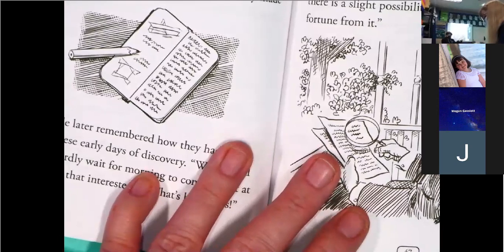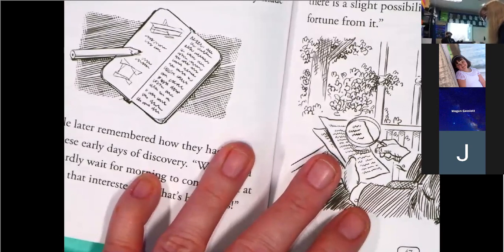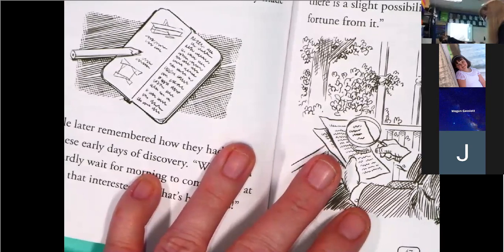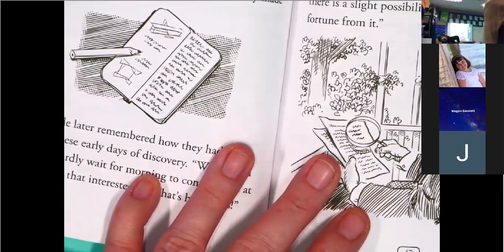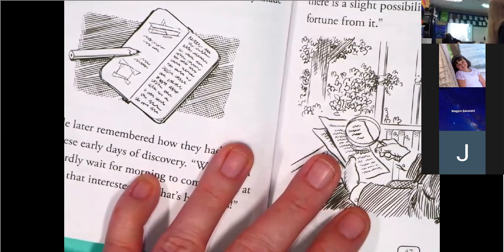Yeah. What would happen if it broke? They would have to redesign it. They would fix it and try again, right? Most of the time, would it fly very long? No. What would it do? It would fly for a few seconds. But what did they think about it?